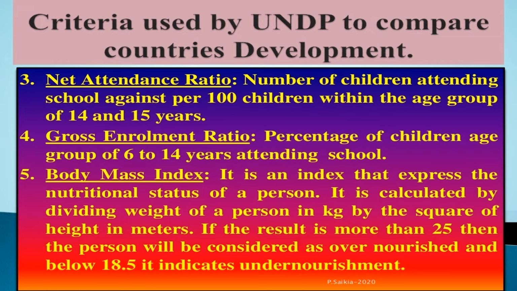Then you will write the weight in kgs of the person. You will write the height in meters. You will divide the weight by the height in meters square. Then you will show the calculation and show the result, exact result. Then you will show your conclusion per person.